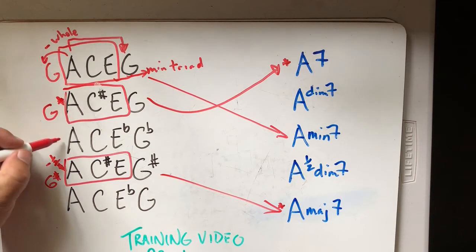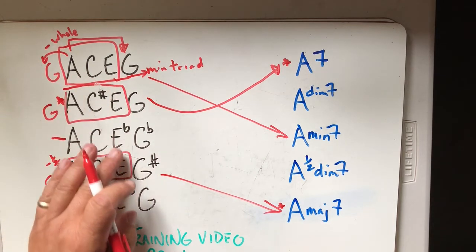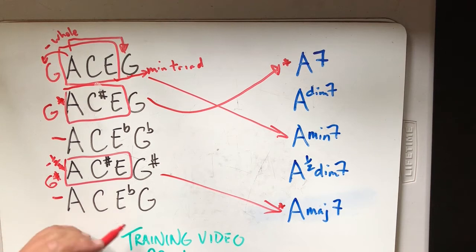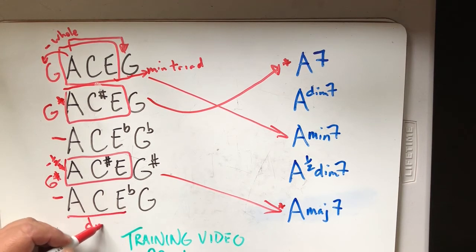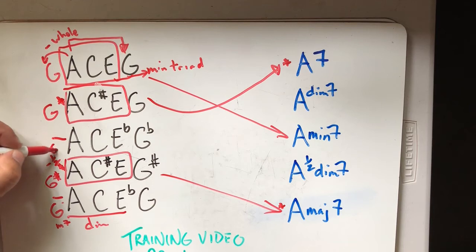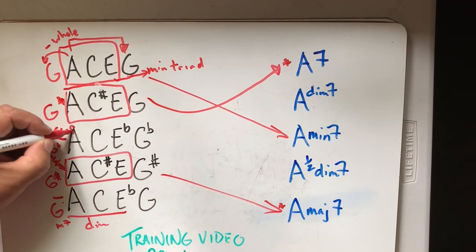Now, these ones here and there have diminished triads, right? You have a minor triad and you lower the 5th, so that makes a diminished triad. And this is a diminished triad right here, and this G right there is a whole step down, so this is a minor 7, right? And this one here is G flat, which is lower, so this is 1.5 half steps down, right?